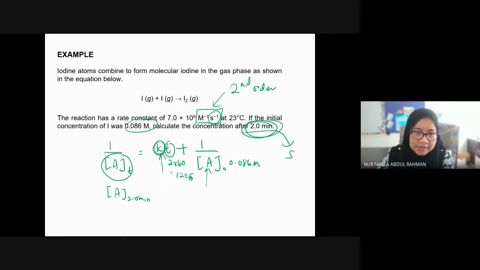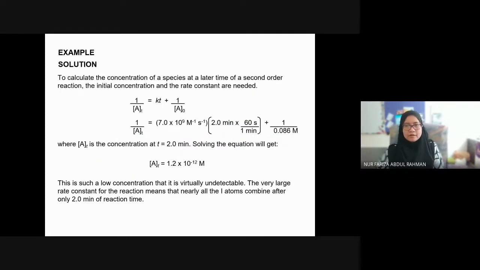Okay, kita nak cari this one. Okay, so basically this is how you calculate it.